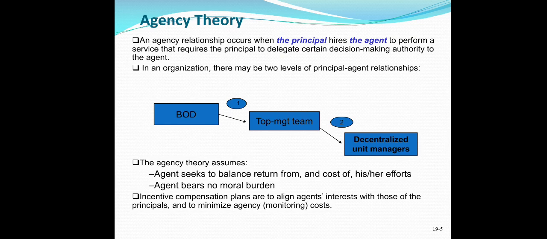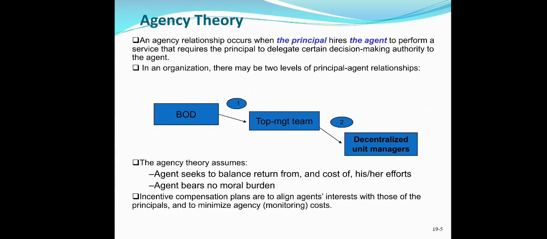So this theory explains, if you are a principal, you cannot expect that your agent will do 100% of the things that you tell them to do. But the agent will do things based on the return that they can get and based on the cost that they have to pay. So that is what agency theory explains.